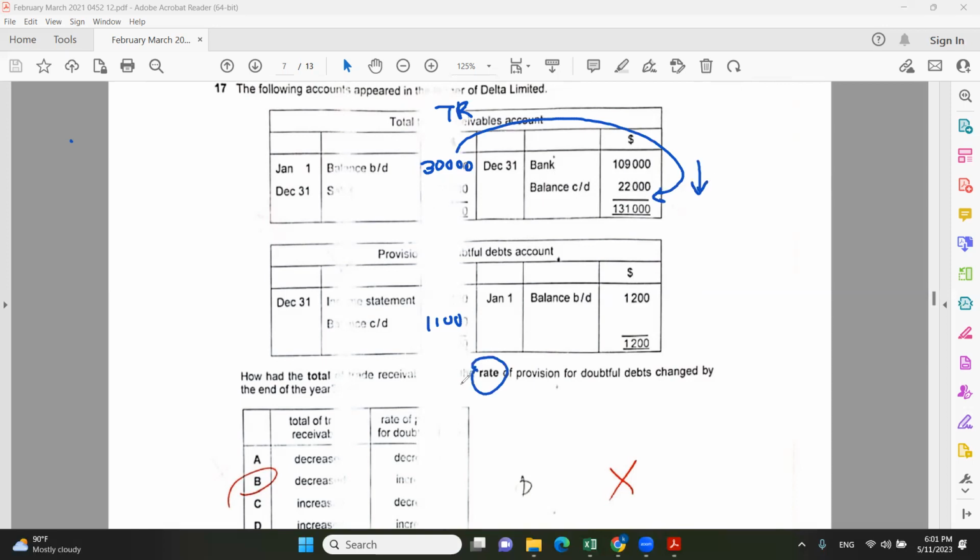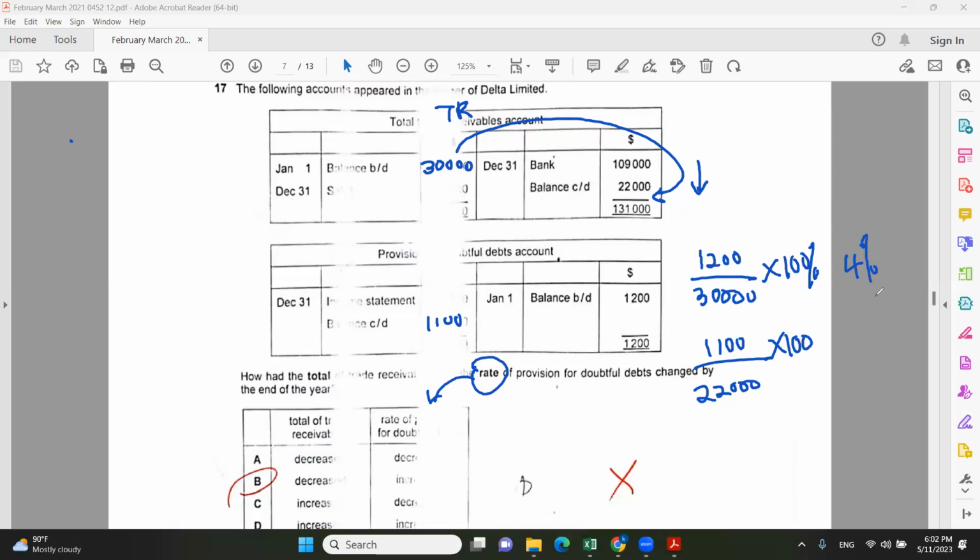But now this is a rate, and the rate we have to calculate. Beginning of year 1,200 divided by 30,000 times 100%. End of year is 1,100 divided by 22,000 times 100%. So calculate the rate first. 1,200 divided by 30,000 times 100, so I get 4%.